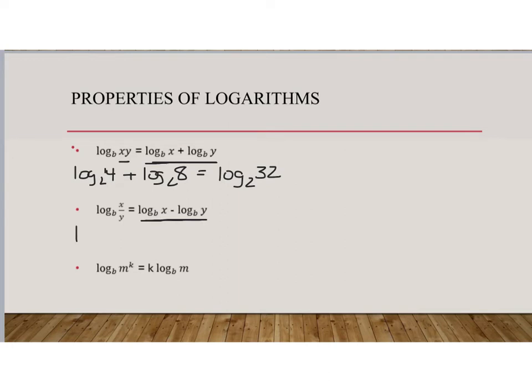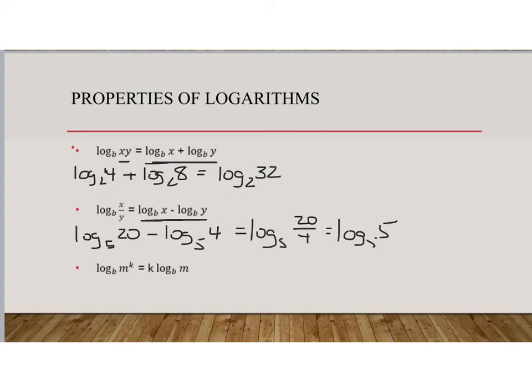So for example, let's say we've got log base 5 of 20 minus the log base 5 of 4. This would equal log base 5 of 20 divided by 4, which is 5.